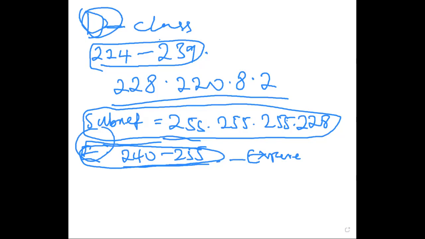Now, of course, understanding these classes of IP address can definitely go a long way toward understanding more about subnetting.